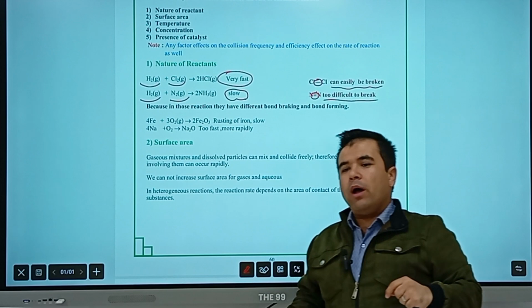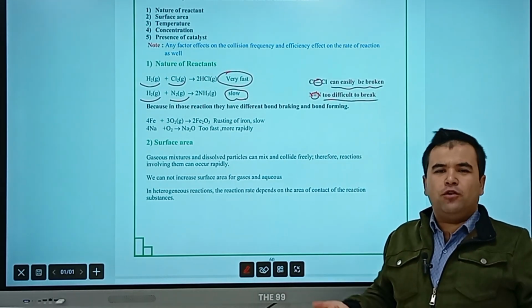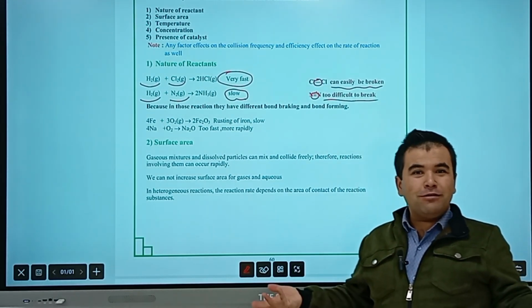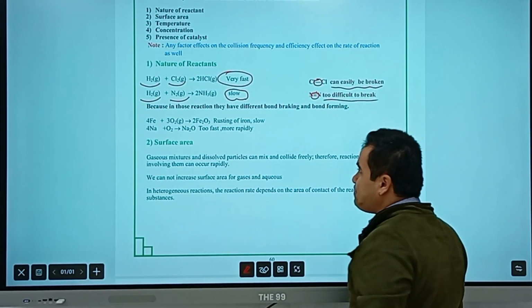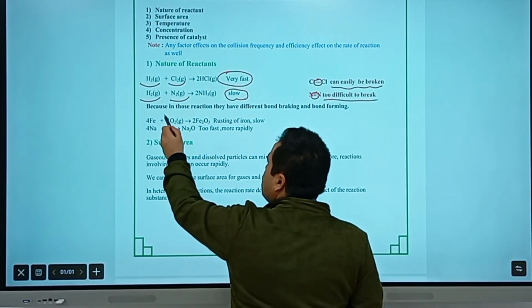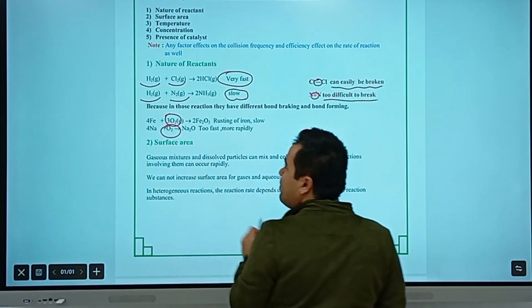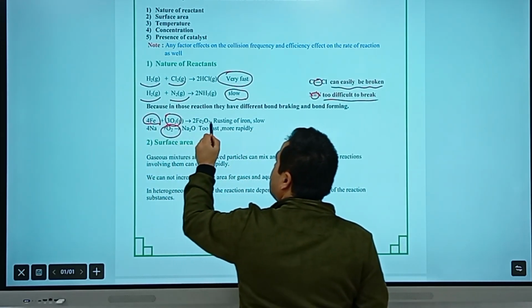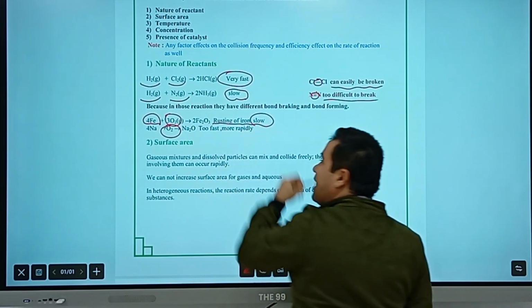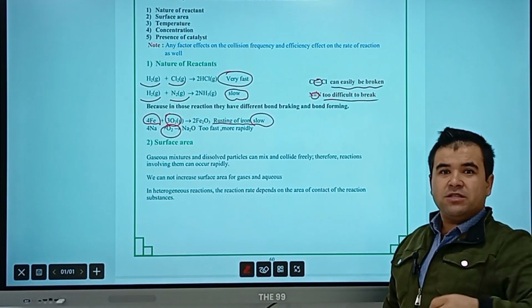But this refers to what? It refers to the nature of those chemicals. Those chemicals in nature are like that. Another example, guys: oxygen. Oxygen reacts slowly with iron. Rusting of iron is a slow mechanism. It needs several days.